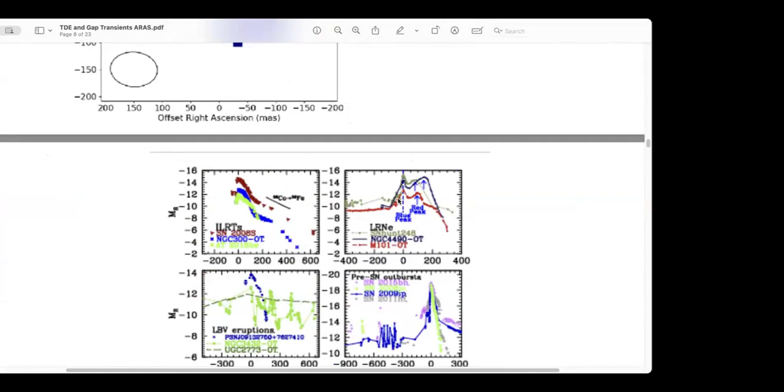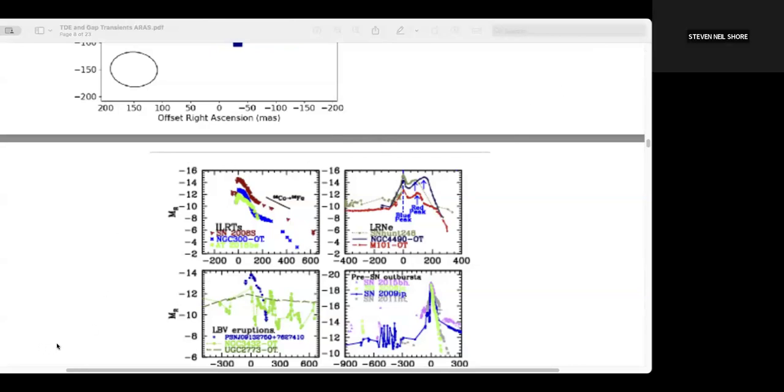If what we saw in V1309 SCO is any indication, there is no interaction between the expanding blobs that are off of the plane and the circumstellar material.